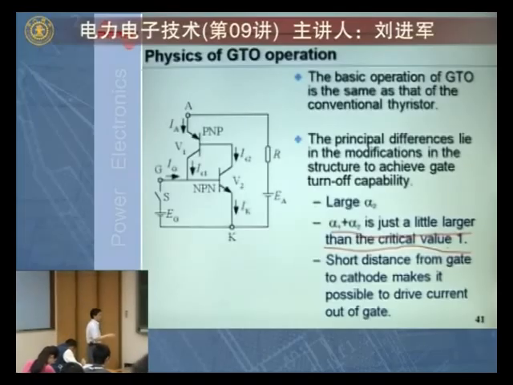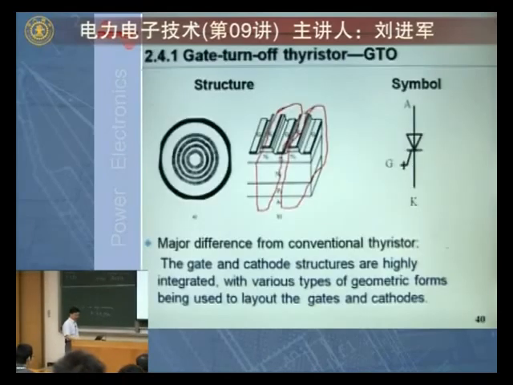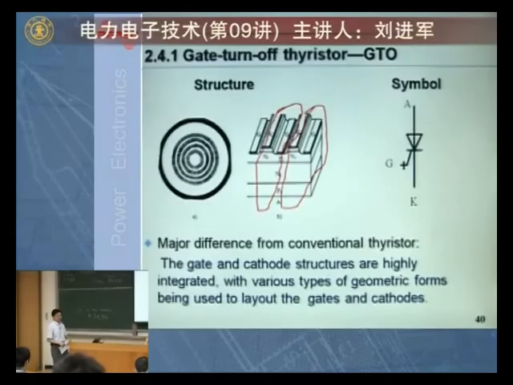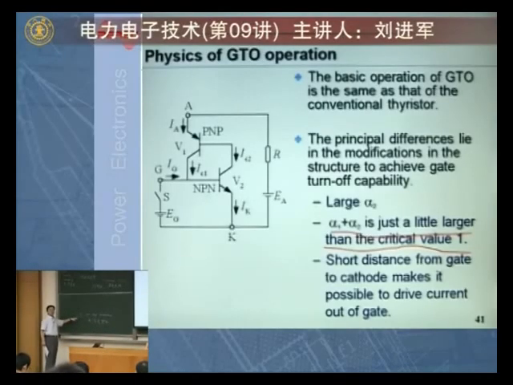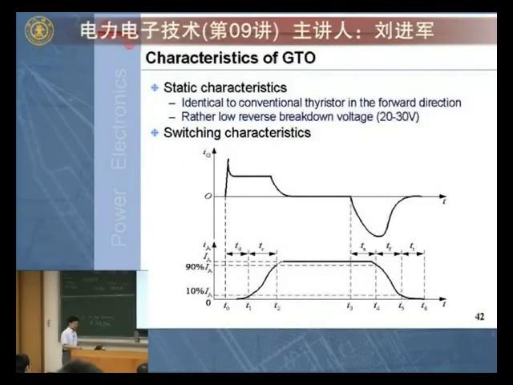And in order to realize that, in the inner structure we have so many differences. First, we have this interleaved multi-cell structure. Second, we have intentionally selected coefficients alpha 1 and alpha 2 for these two transistors. And this arrangement makes sure we have the ability to turn the GTO off through a gate terminal.